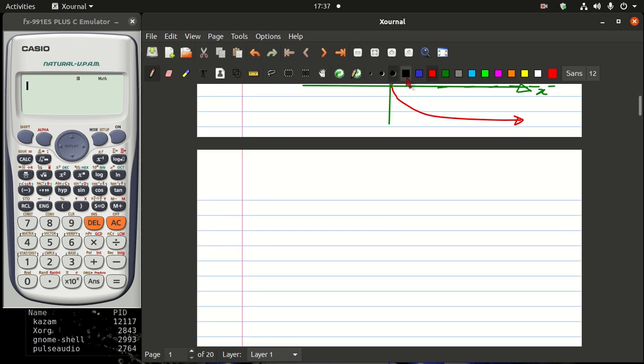Now, let's go to the second one. The second one is the reflection across the vertical y-axis, or just across the y-axis. Now, what are the key points when it comes to the reflection of this?